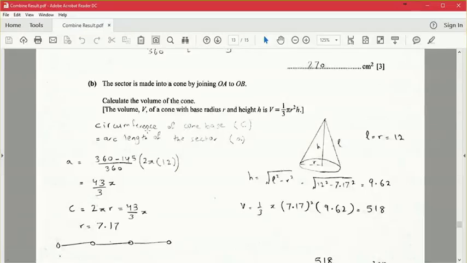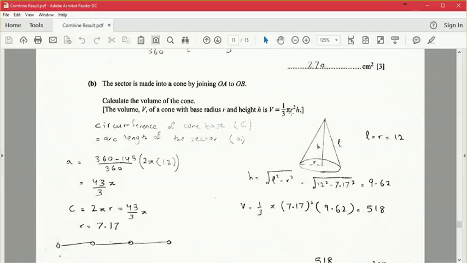We now know the circumference of the cone, which is 43 over 3 times pi, which equals 2 pi r. The circumference of the base of the cone is 2 pi r, which is the same as a circle. So to get the radius of the cone base, we get 7.17.